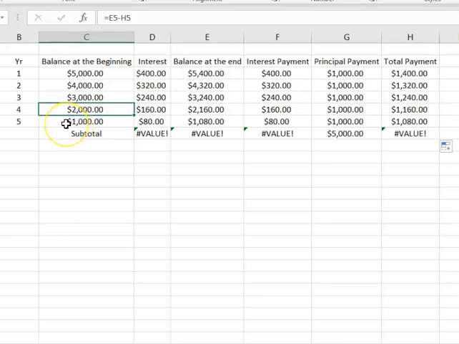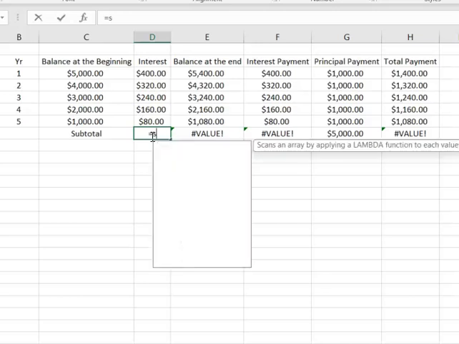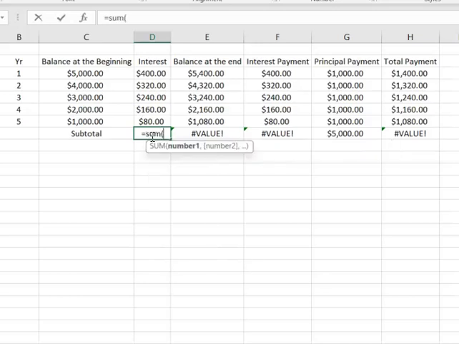Okay, 4 we have this, and at the beginning of year 5 the balance that we have is 1,000, and here we get this interest we paid, and at the end we are paying that amount. And now let's go for subtotal to see how much.